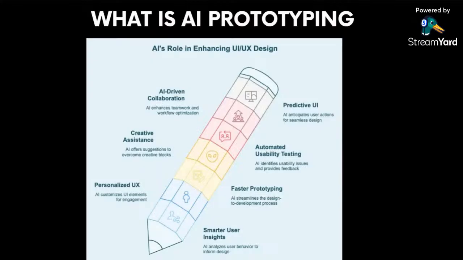What color represents your idea of your website? You can give it to an AI so that it will give the same idea to the website, and you can see the final output of the website to be a representation of your idea properly. Smarter user insights. Yeah.